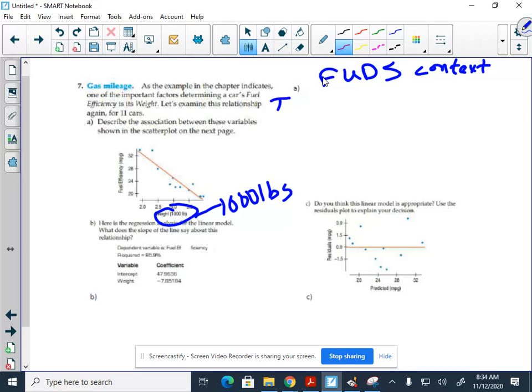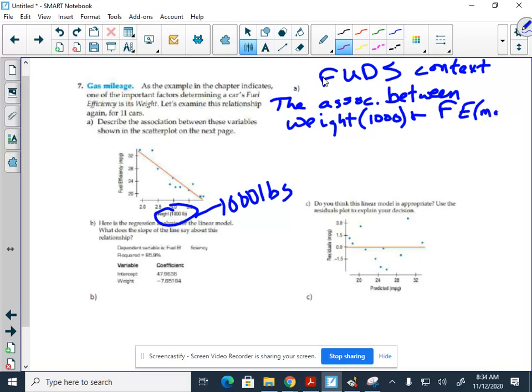The association between weight and fuel efficiency, which is miles per gallon, is, we got to look at it. I think it's pretty linear. So first I got the context by saying it's between weight and fuel efficiency. Then I got the form saying it's linear.